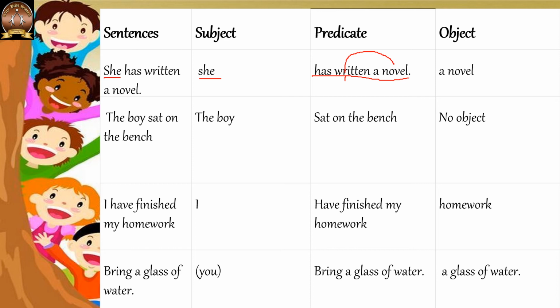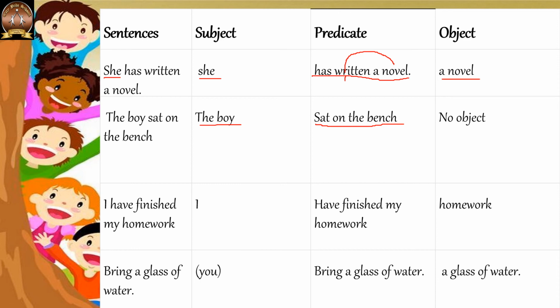The novel. So the novel becomes your object here. The same rule is followed in the next sentences. The boy sat on the bench. The boy is the subject. From the verb the predicate starts, so sat on the bench. Now here again, sat. Who or what sat? If you ask, you get the answer boy, but boy is the subject. So there is no object here.